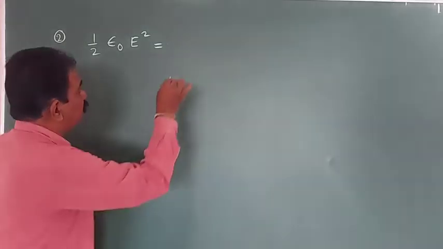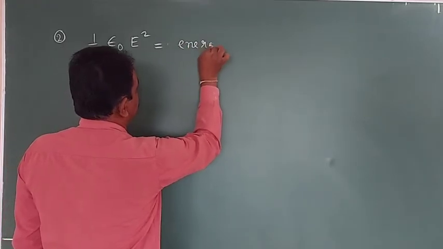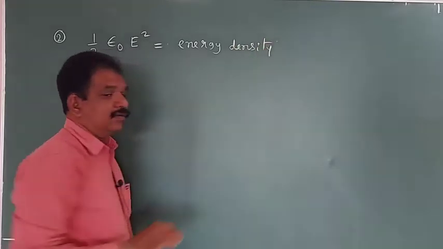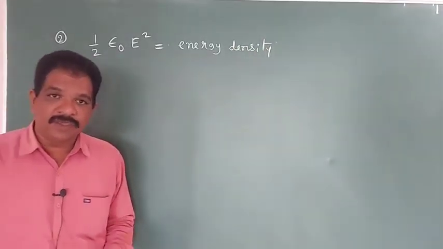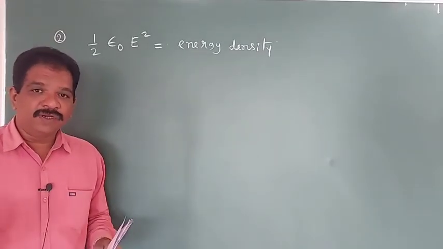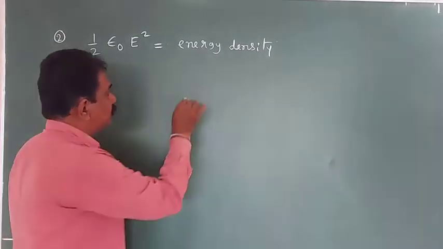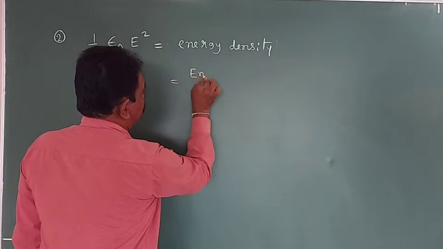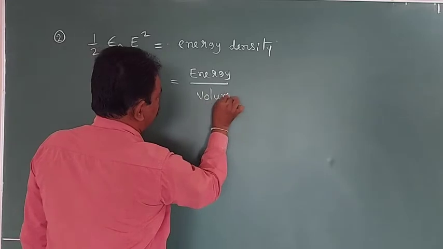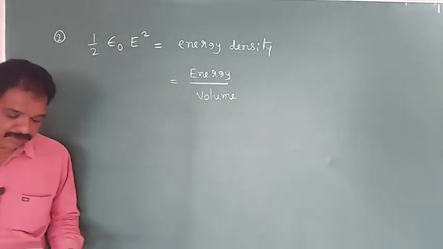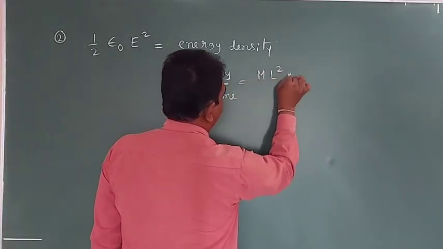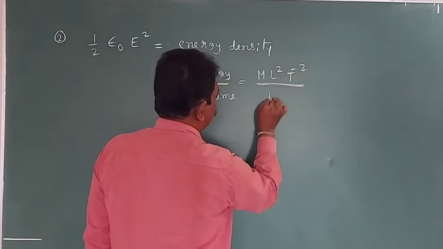Actually, this is the formula for the energy density of a capacitor. 1 by 2 epsilon naught E square comes in the second PU portions. That is the formula for energy density. This is nothing but energy by volume. Energy value will be M L square T power minus 2.